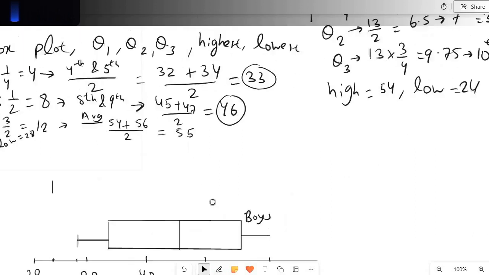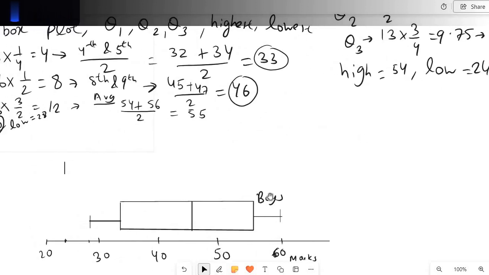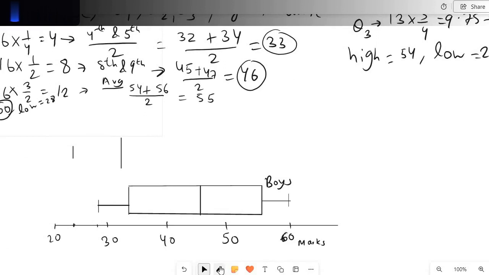And then at 32 for the lower quartile, which should be slightly lower than the lower quartile of the boys, so it should be around here. After that, we have the median at 34, which should be slightly above the lower quartile of the boys. So something like this.